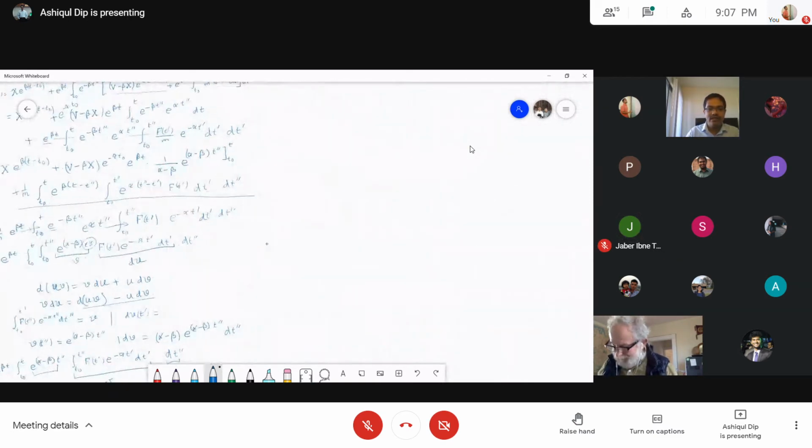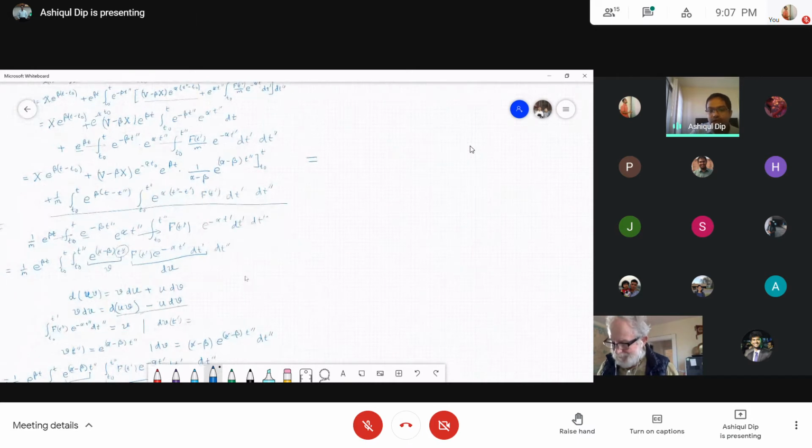Okay, let's write everything out now. Then we'll see what's going on really. So now we have x e to the power beta t minus t naught. That's what we had previously. Then also this part, but here we have to substitute whenever we see a t double prime. We have to substitute for t and t0.